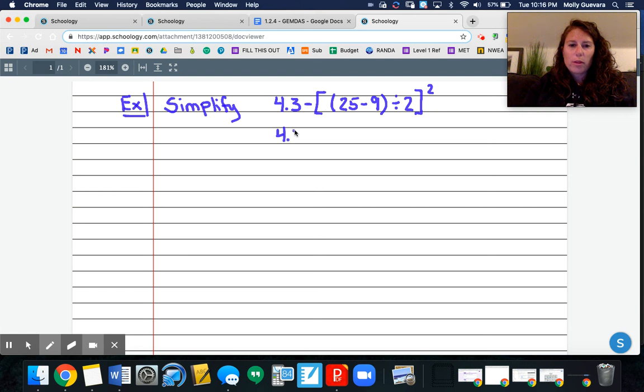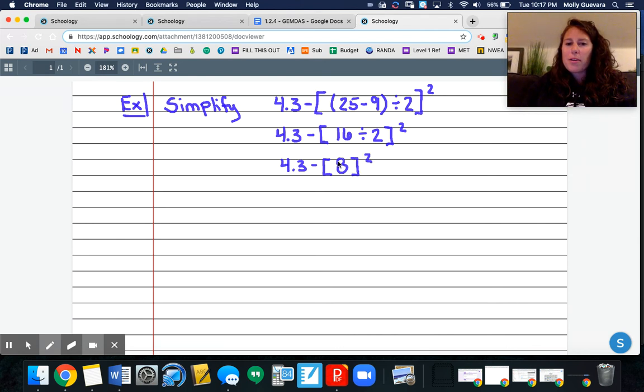So 4.3 minus (25 minus 9 is 16, divided by 2) squared. So I've gotten rid of one of my groupings. Now I need to simplify my other grouping. So 4.3 minus. Now in this grouping, 16 divided by 2 is 8, and that is still being squared.